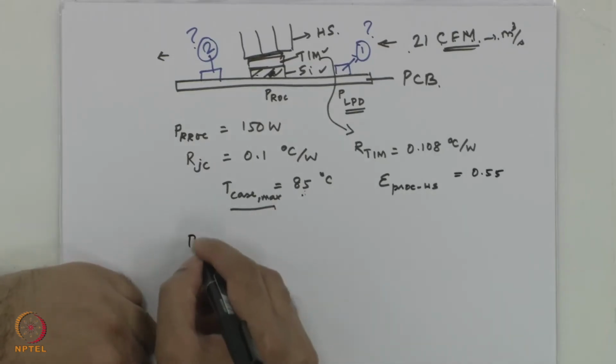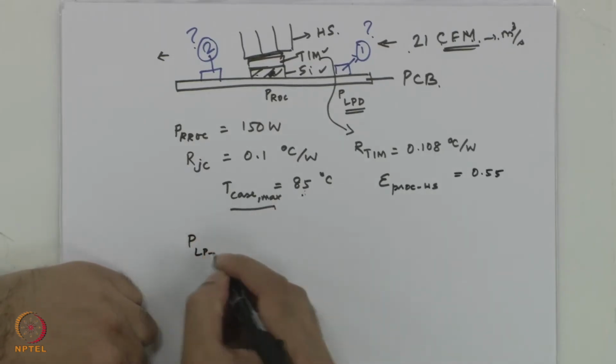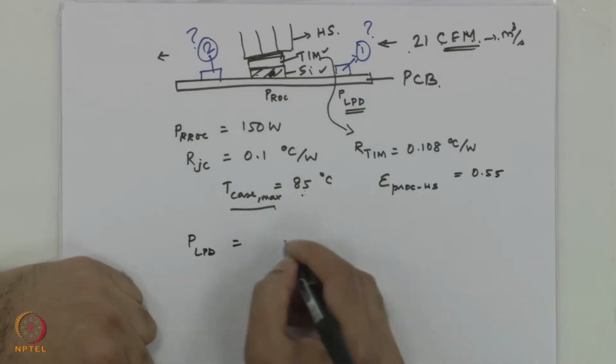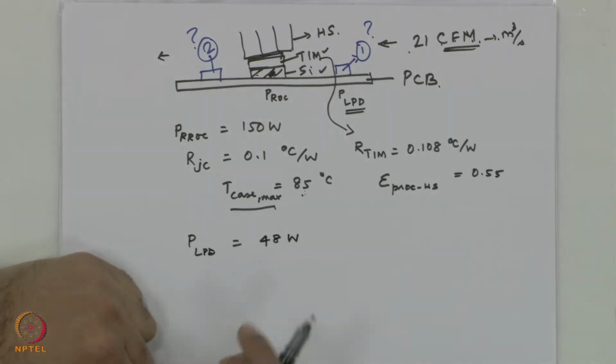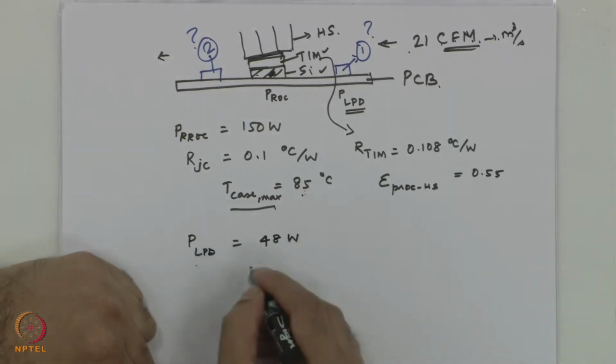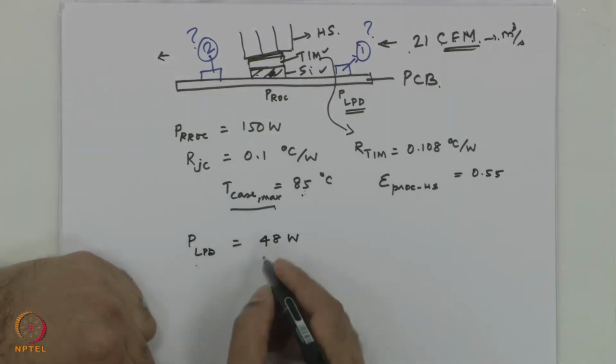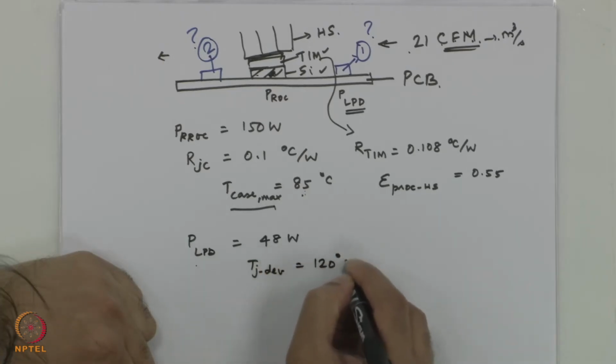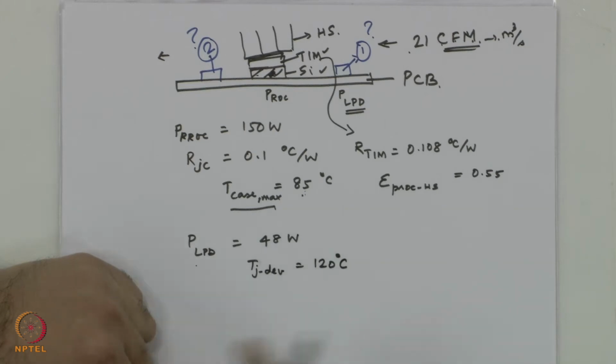On the other hand, the low power device dissipates about 48 watts. But this low power device has a maximum allowable junction temperature of, it can handle much higher temperatures. It has a maximum allowable junction temperature of 120 degrees Celsius.